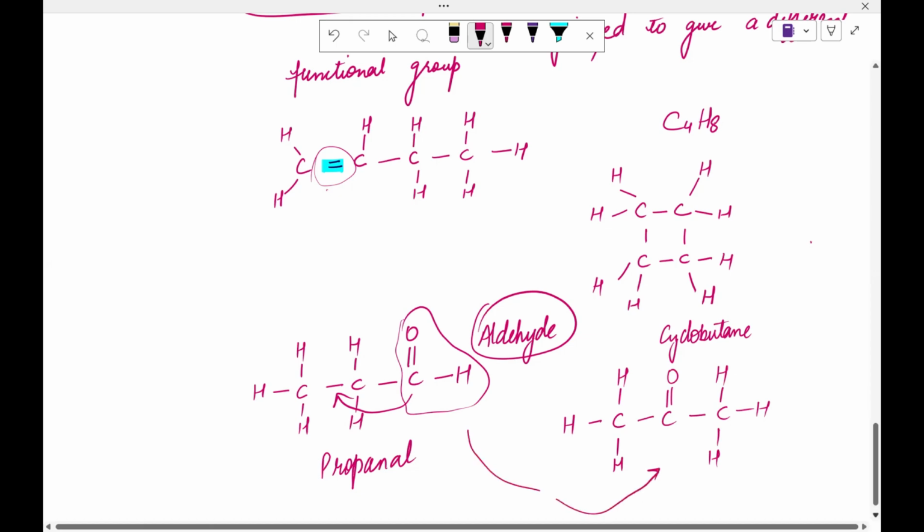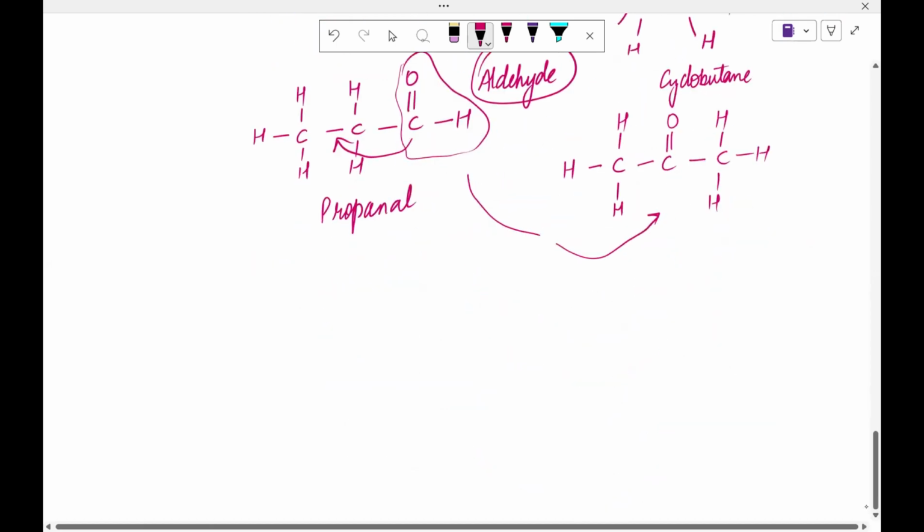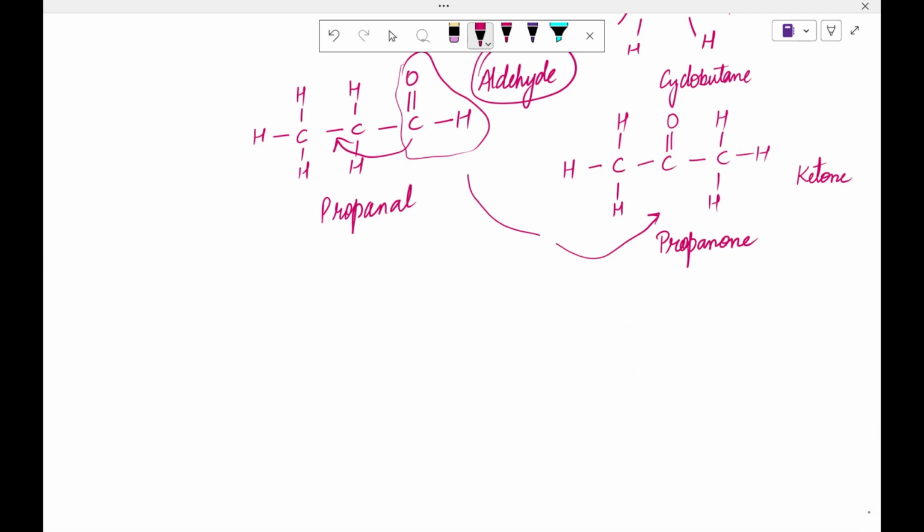Yes, now it's propanone. Now it has become a ketone. So in this way, if we are able to move this functional group, then it would be changed from an aldehyde to a ketone. Okay. So let's move further.